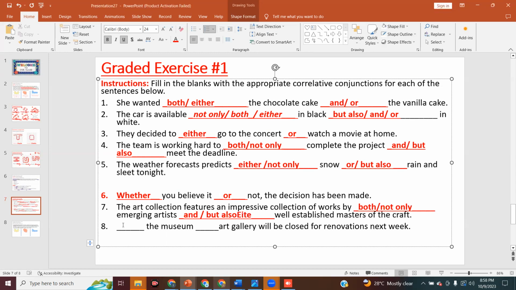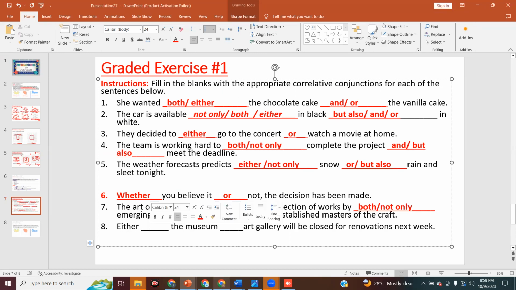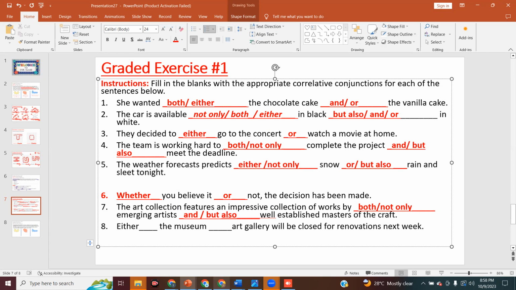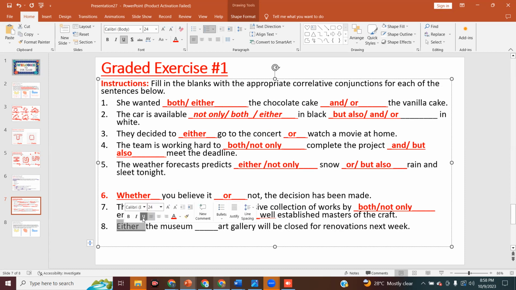Very good. Either the museum or art gallery will be closed.